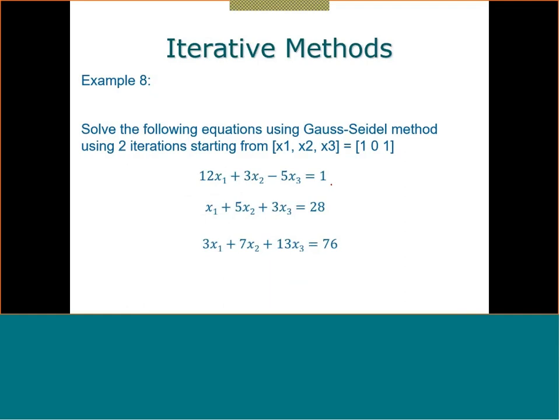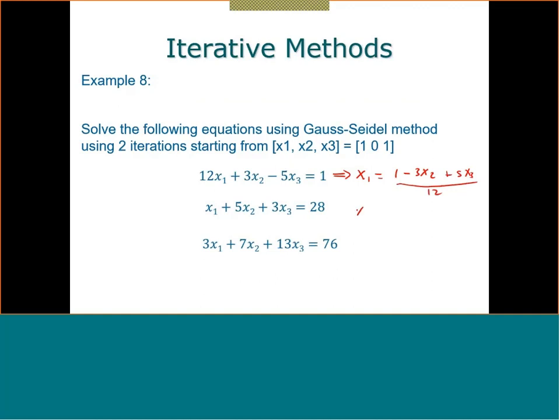So from this, you can say that x1 will equal 1, which is this, minus 3x2, so I move this to the other side, plus 5x3, divided by 12.